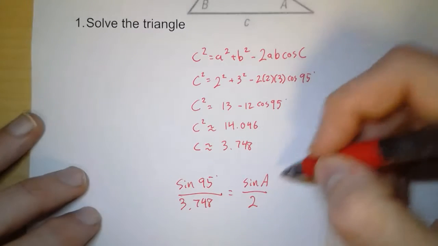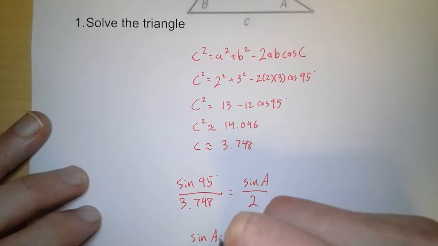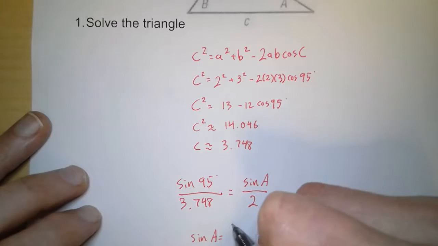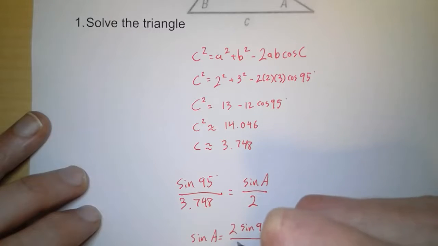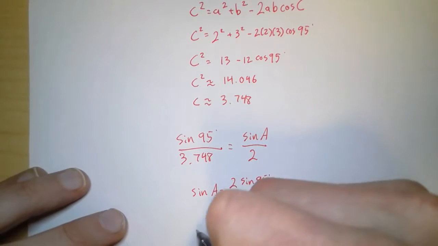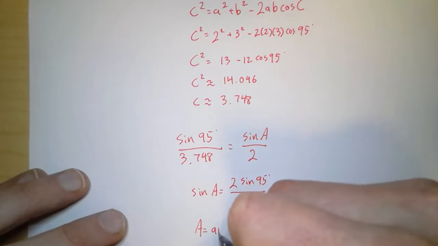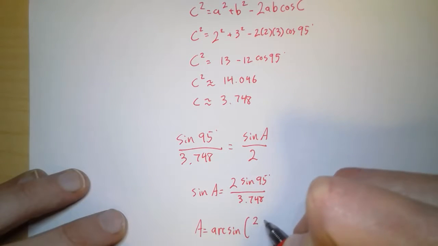So when we cross multiply, we're not going to get angle A by itself, we're going to get sine of A, because that's what's up here. And that equals 2 sine of 95 degrees all over 3.748.